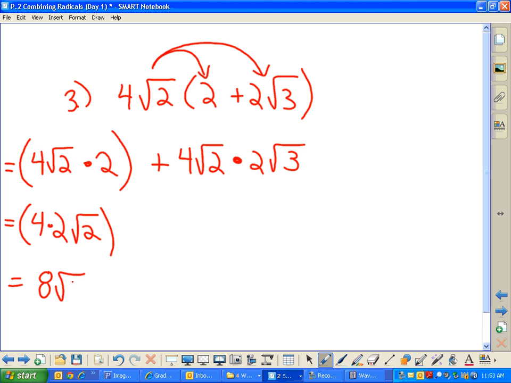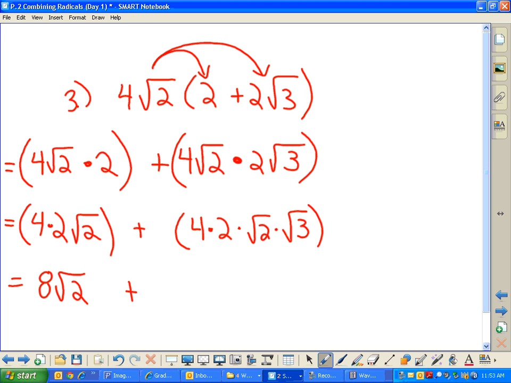So that is 8 square roots of 2. Bring down my plus. And then again, because multiplication is both commutative and associative, you can rearrange that multiplication as it meets your needs. I would multiply the 4 times the 2 and then worry about multiplying the radicals together.